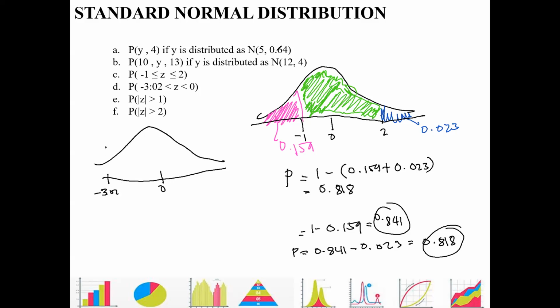Ang tinutukoy naman natin na area is here. So, paano natin makukuha yung area na yon? Kunin muna natin yung value ng 3.02 and 0.